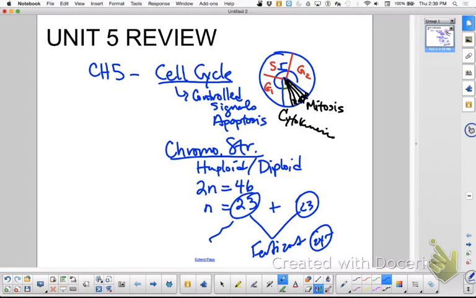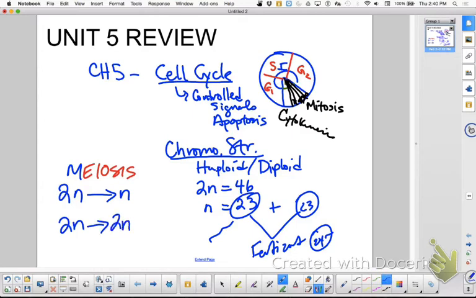So this process by which you go from 2n down to n is called meiosis. But if I'm just going to go from 2n to more 2n, that would be called mitosis.